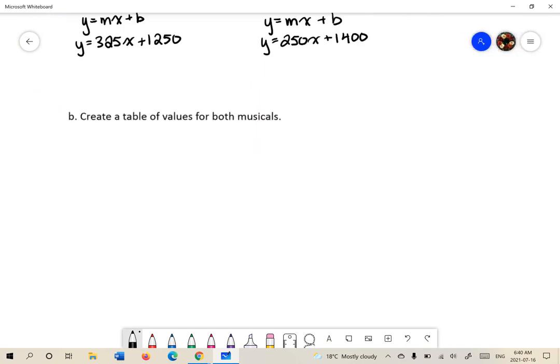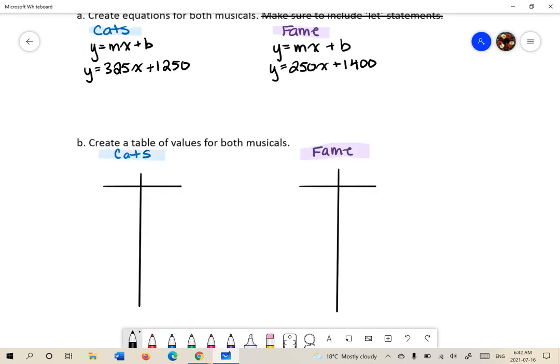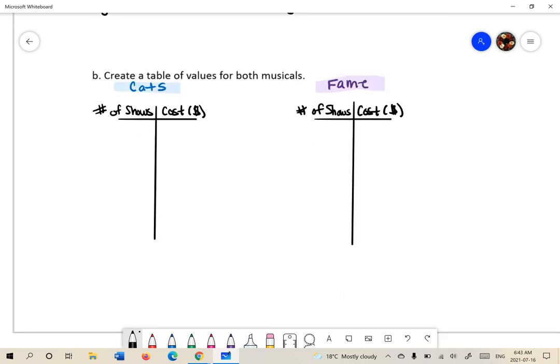Create a table of values for both musicals. So my independent variable here is the number of shows that each musical will perform, and the dependent variable is the total cost they will pay. Remember to start with your x values with x is equal to 0, and increase by 1 show.